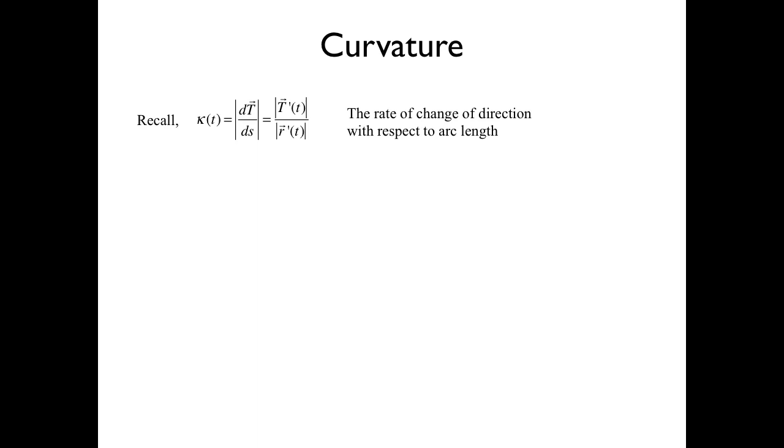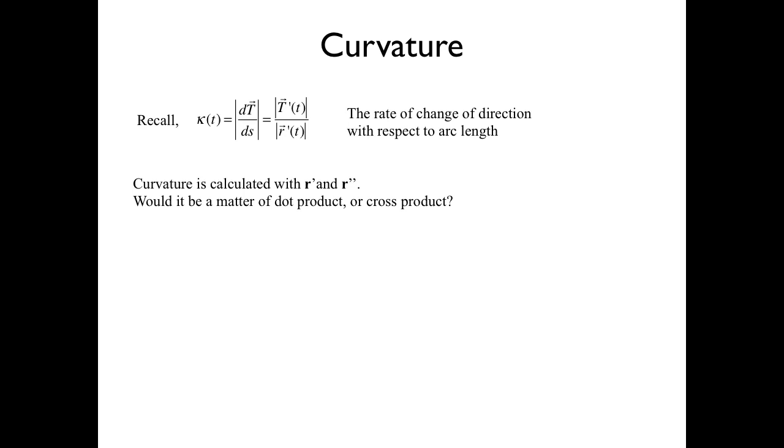And so that could also be T prime divided by r prime, because T prime would be the rate of change of direction with respect to time, and the magnitude of r prime would be how much distance covered per time. So we can calculate curvature with r prime and r double prime.